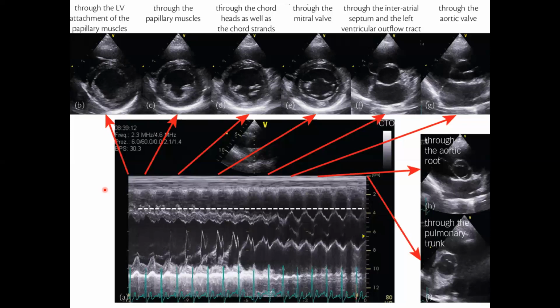So M mode MRI is something we did a lot in aortas, for example. We would put a cylindrical excitation down the descending aorta, right? And then measure the phase shift of the blood as it flows down the aorta.